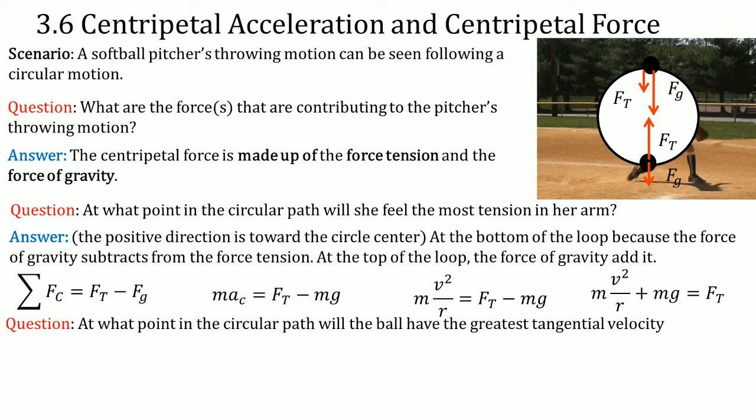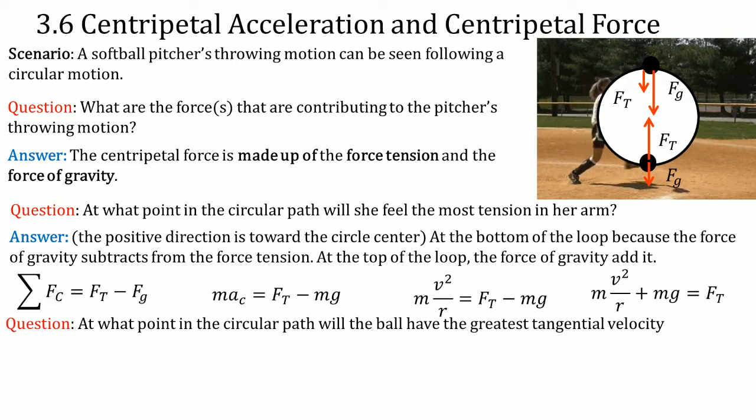Then you have to add mg to the other side. Notice here, force of tension is equal to mv squared over r plus mg. This is the reason why her tension feels a lot, because that mg is added to the centripetal force.